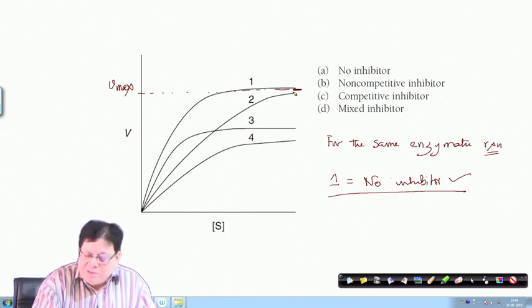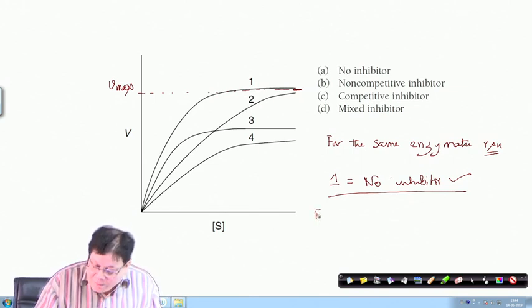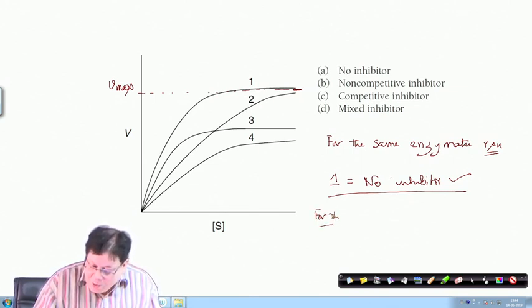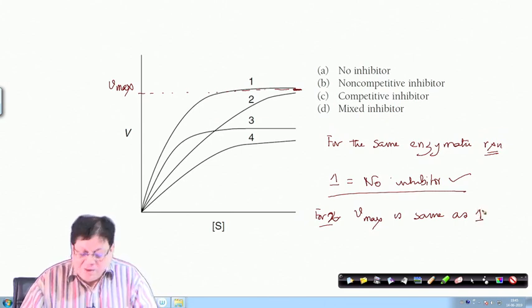There is a minor discrepancy, but you can neglect that. So, the Vmax for 2 is the same as 1, where there is no inhibitor.